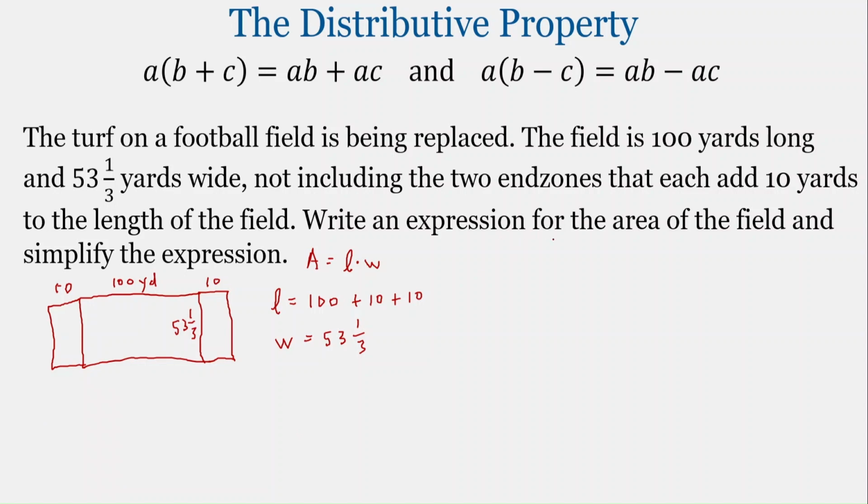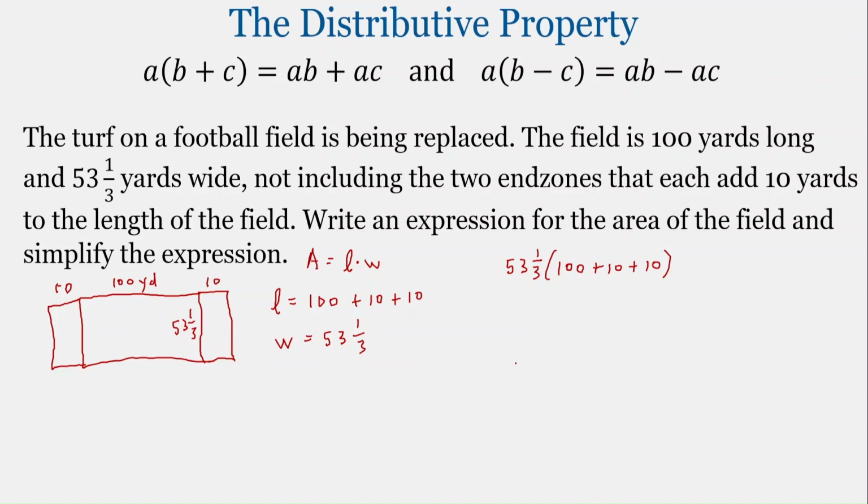So a possible expression for the area of the field is the length, 100 plus 10 plus 10, all times the width. And the width is 53 1/3. And you could have moved this to the right side as well. So that is our expression.